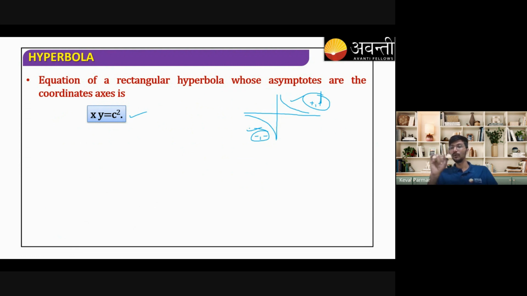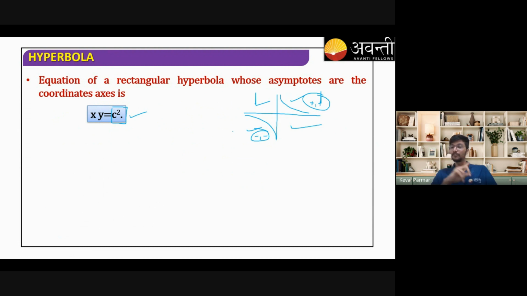And it will only satisfy by multiplying. If we multiply, we'll always get a positive value. That's why we wrote c squared. But if someone takes points from the second or fourth quadrant, where one of x and y is negative, then if you multiply both, we'll get a negative value.